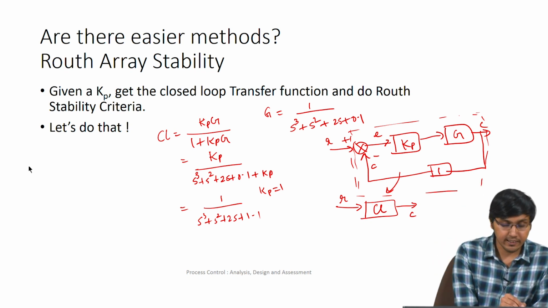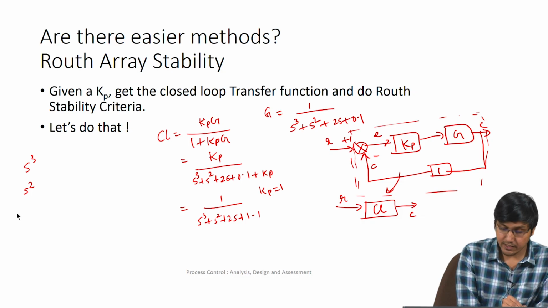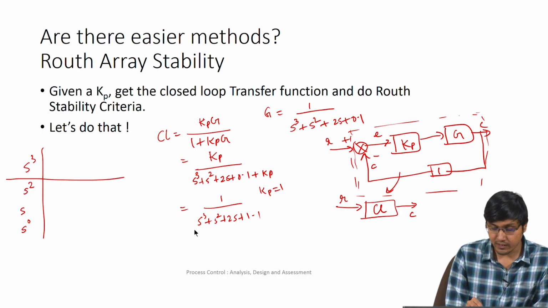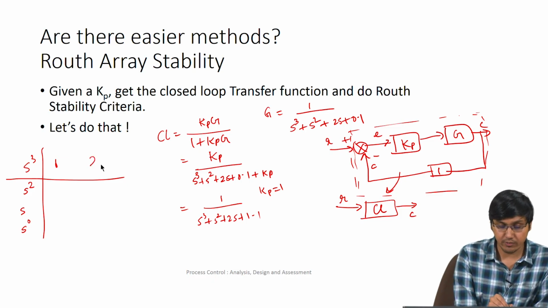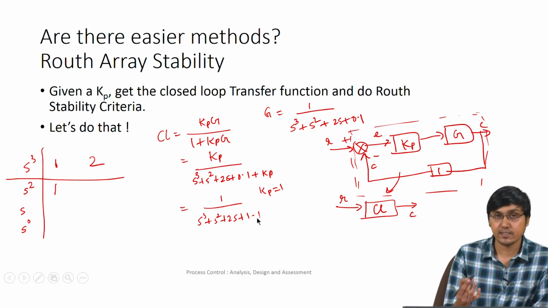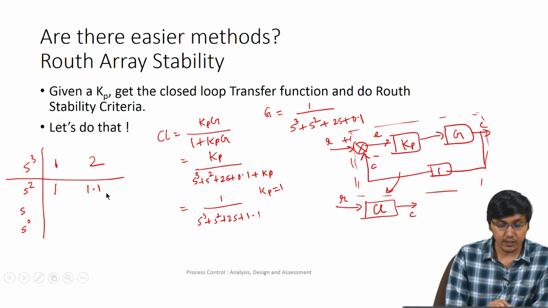In the Routh table, like how you write S cube, S square, S and S power 0, we take all the terms of S cube and S here. The coefficient of S cube is 1, the coefficient of S is 2, the coefficient of S square is 1, and the coefficient of S power 0, the constant term, is 1.1.